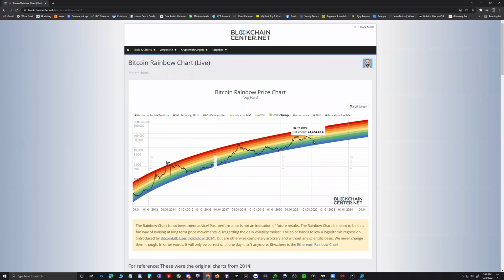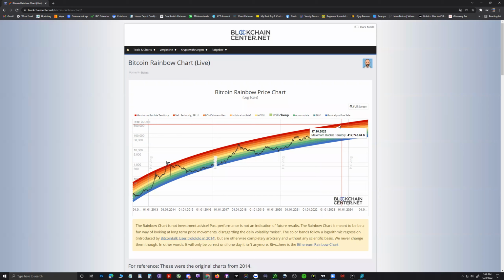Even if this dropped all the way down over the next few months to 20K, if it does hit this blue, it's going to bounce. Let's pretend that's our projection there. So what we're looking at here is January of 2024. It's 2 years out, but we're looking at $417,000 per Bitcoin.